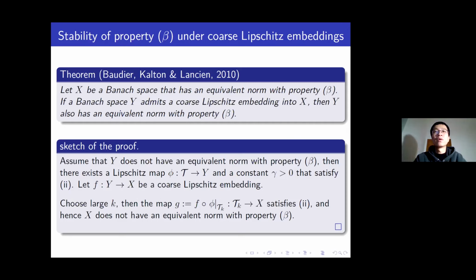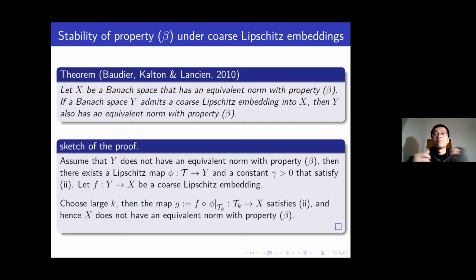So what I do is I consider the restriction of this partial Lipschitz embedding phi to some pruned isometric subset of T, the T_k, if you remember. The T_k is isometric to T, and the distance in T_k is at least 2^k.